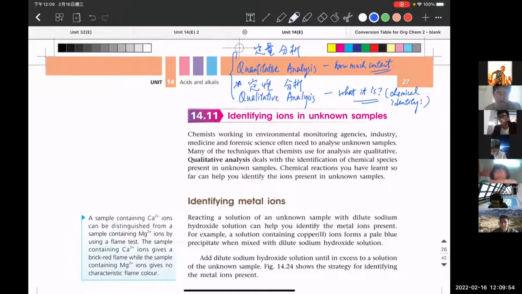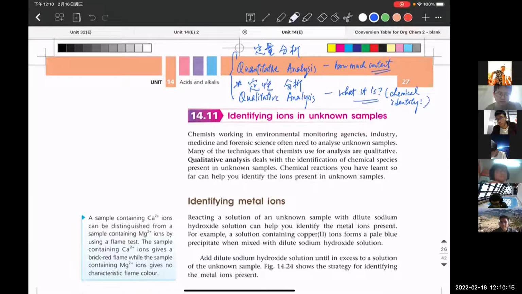You know that only oxygen gas can relight a glowing splint. So whenever I use a glowing splint and the unknown gas relights it, I know the gas is oxygen. So the whole logic is this, and this is what we call qualitative analysis.